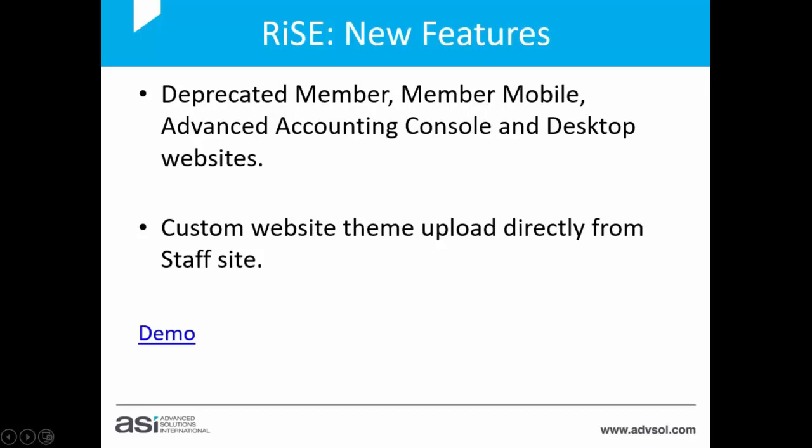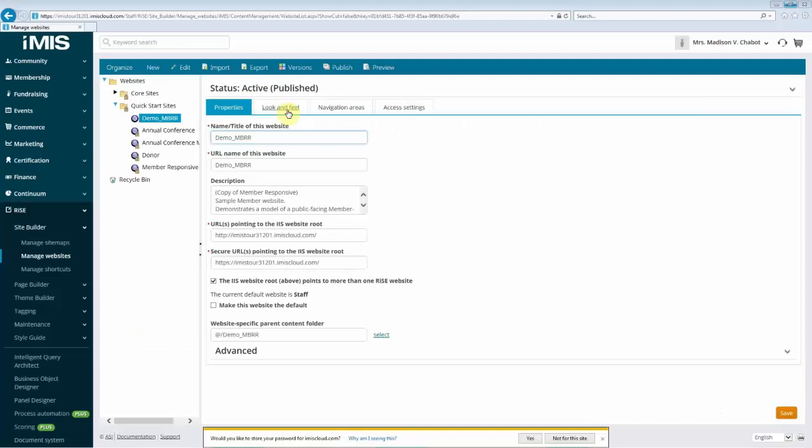Note that in the upcoming release, we have deprecated the Member Mobile, Advanced Accounting Console, and desktop websites. A great feature that was added is the ability to upload custom themes through the staff site. This feature is available in two different areas in the staff site.